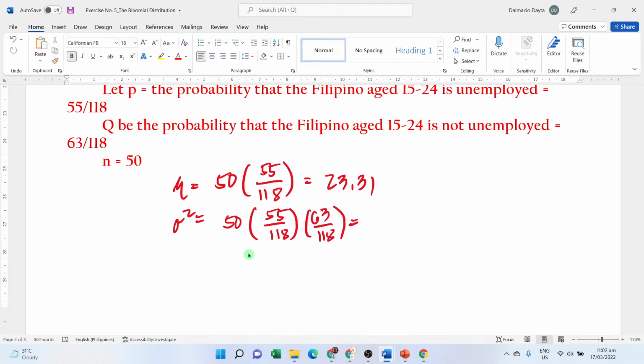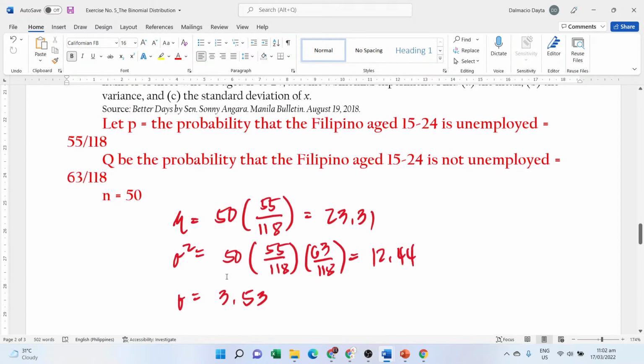The result will be 12.44. And then of course, standard deviation will be the square root of this variance. That is square root ng 12.44. Try to use your calculator. That will be 3.53. Check your work number 4.